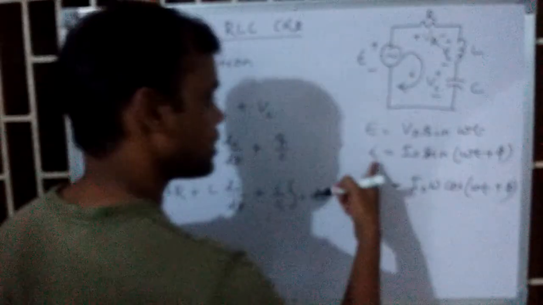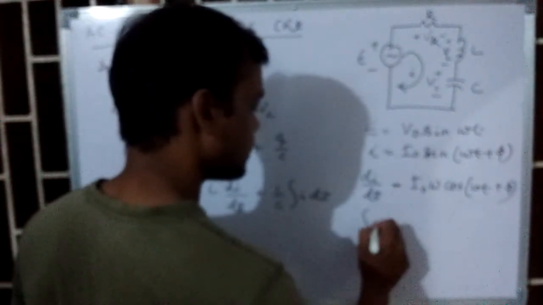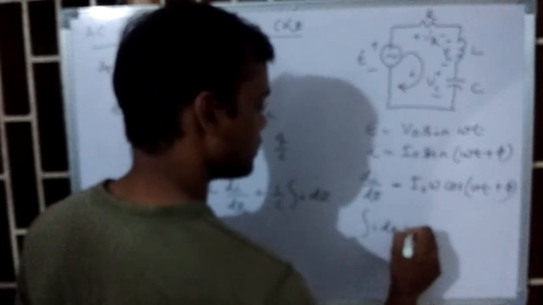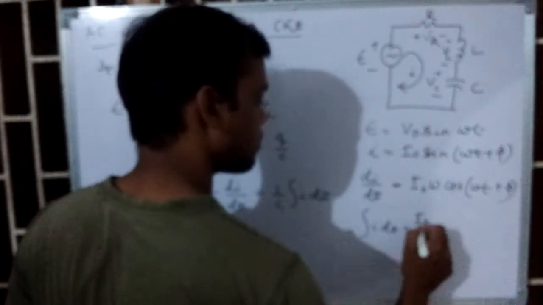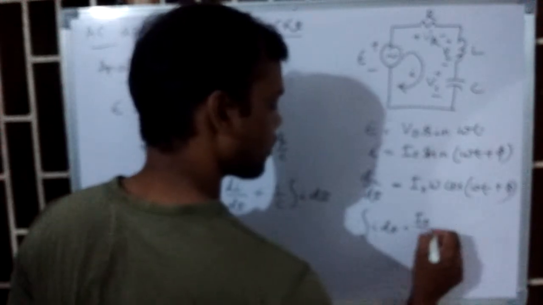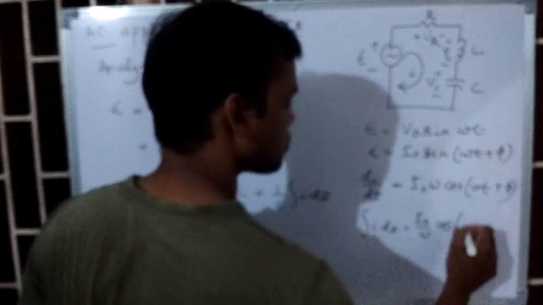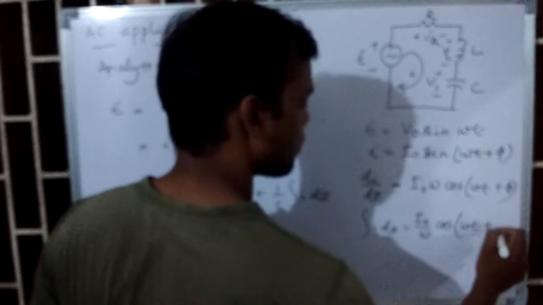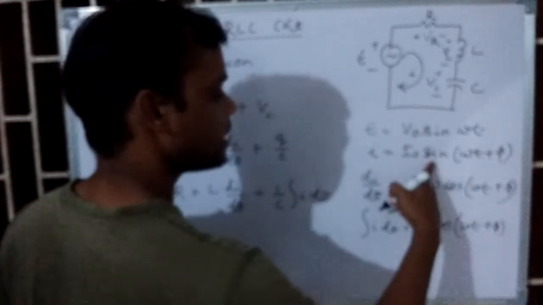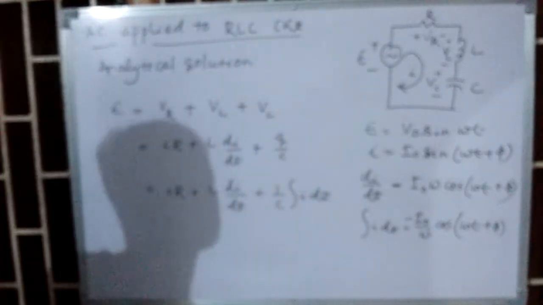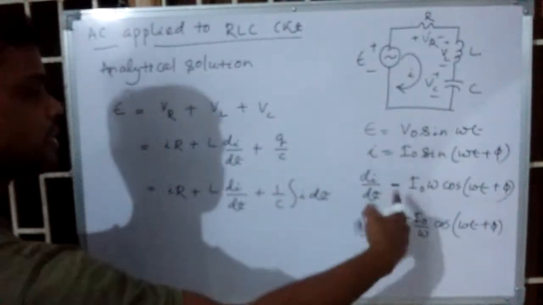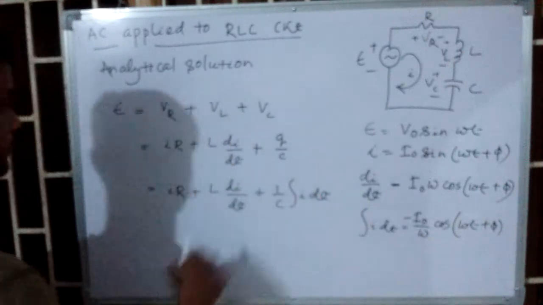Now what is the integration of I? That is the integral of I dt, equal to I naught by omega cos(omega t plus phi), but the integration of sin theta is minus cos theta, so I will put a minus sign here.